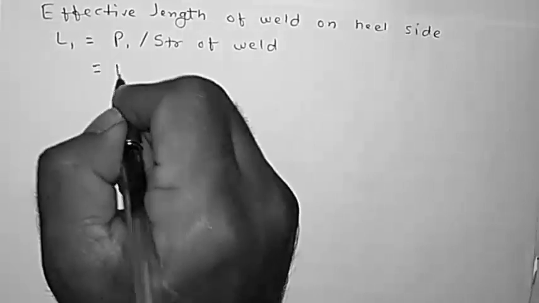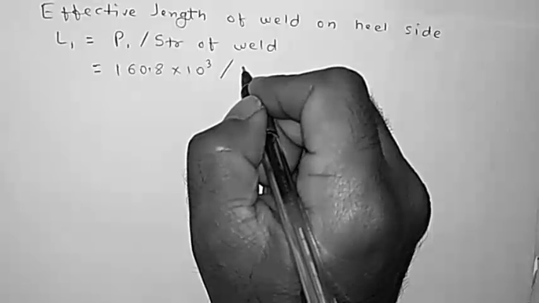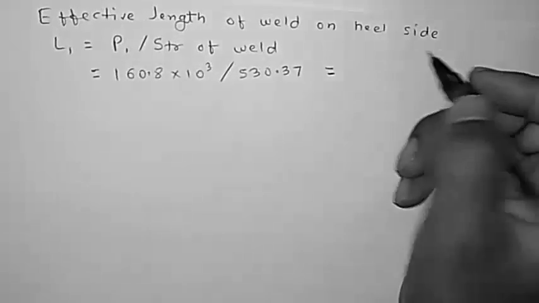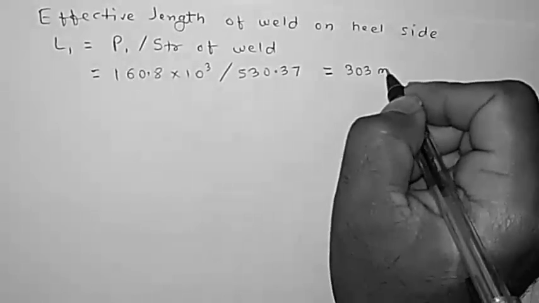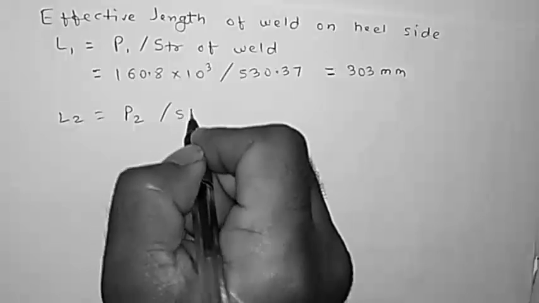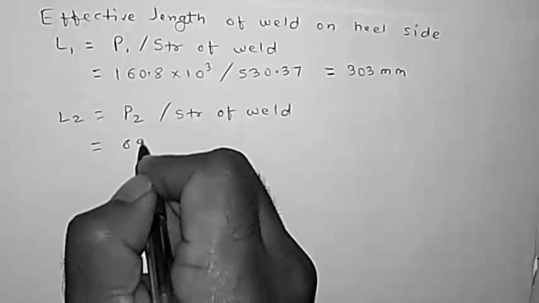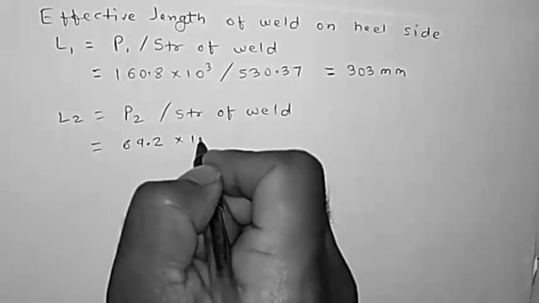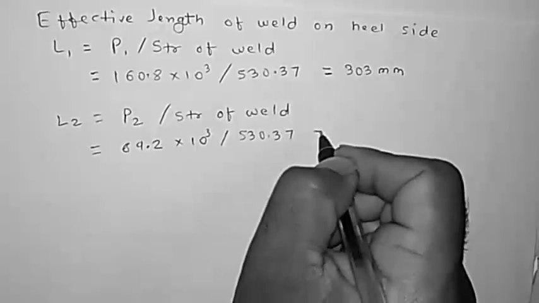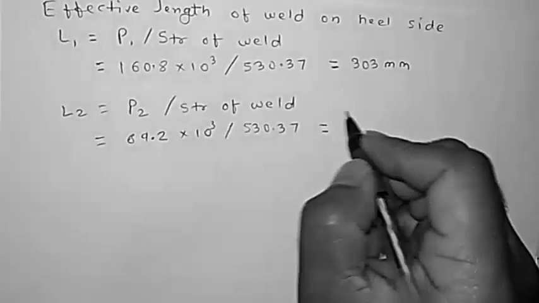So P1 you already got, that is 160.8, will convert into Newton, and divided by strength of the weld you got 530.37. So L1 you will get it around 303 mm, while L2 would be equals to similarly P2 divided by strength of weld. So P2 you got 69.2. We'll convert in terms of newtons, so we'll get divided by 530.37, and that is 132 mm.